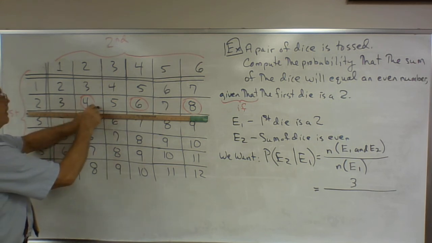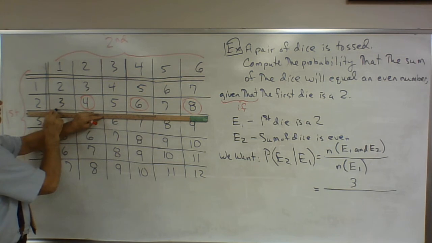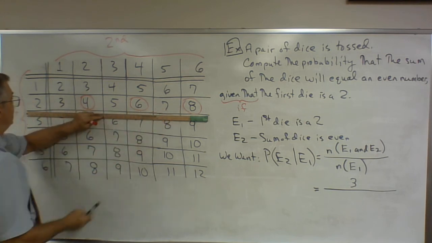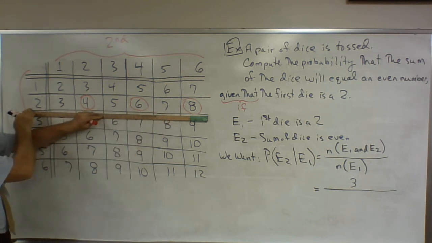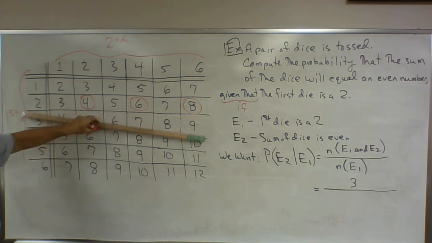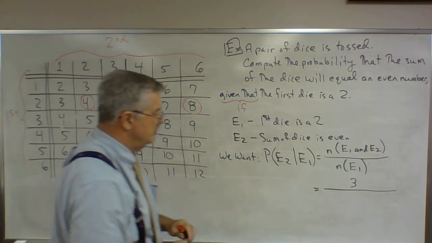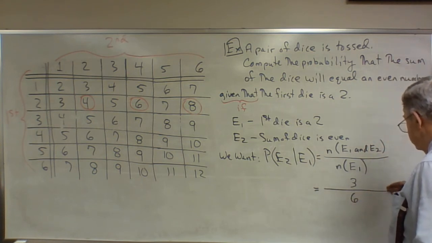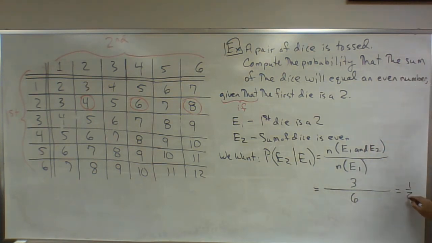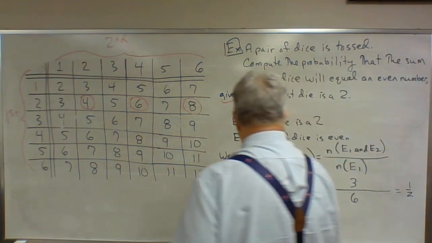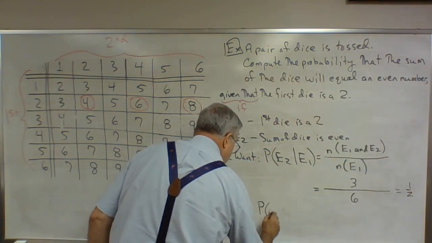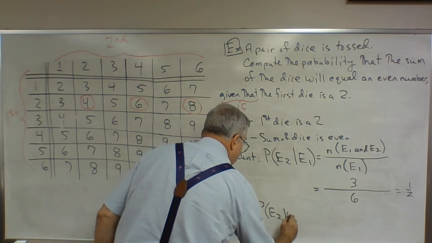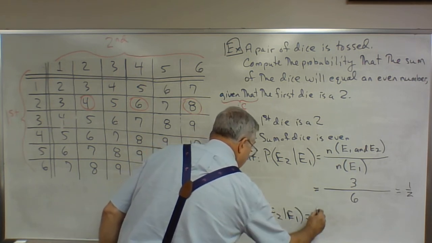But this row of outcomes is the set of all outcomes in which the first die is a 2. And there are 6 of them. So the probability of E2 given E1 is 1/2.